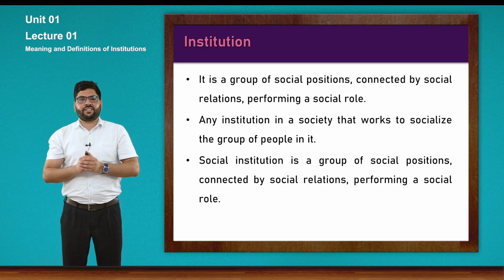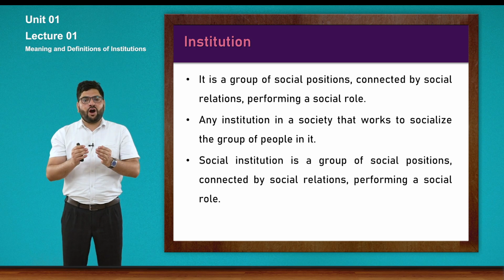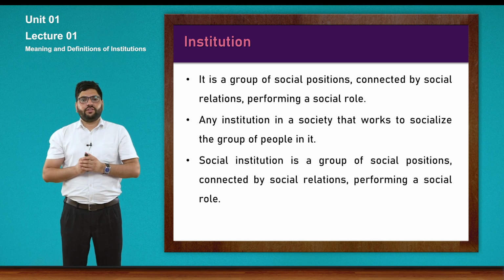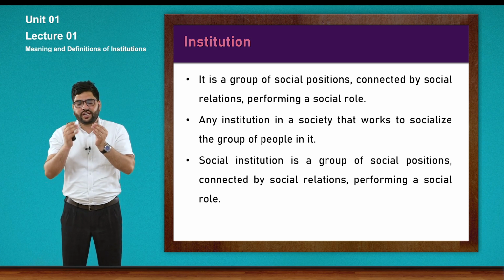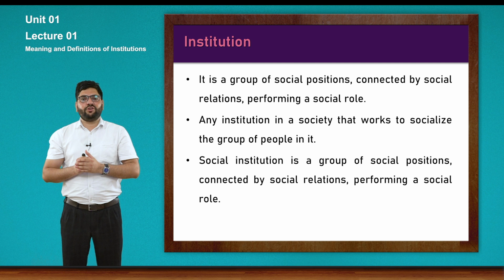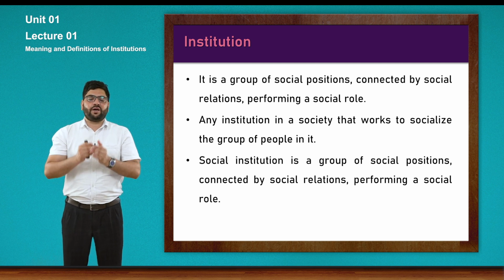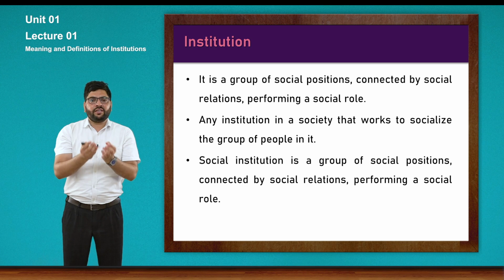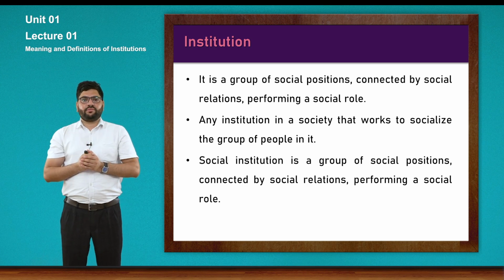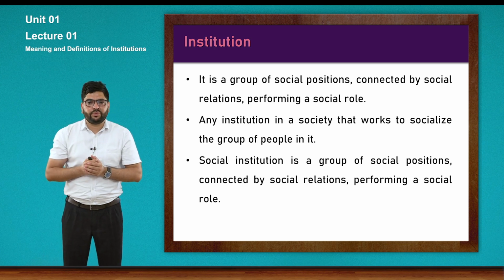So I am here saying that it is a group of, number 1, social positions. As everybody knows what we mean by the concept of position. Position means when we are occupying certain place. That is a social position.